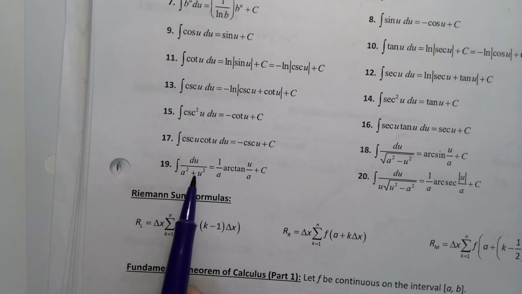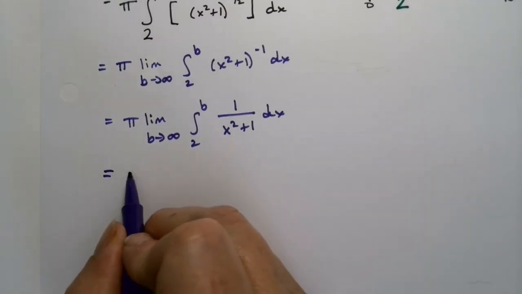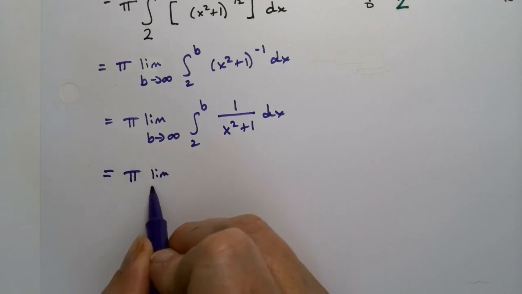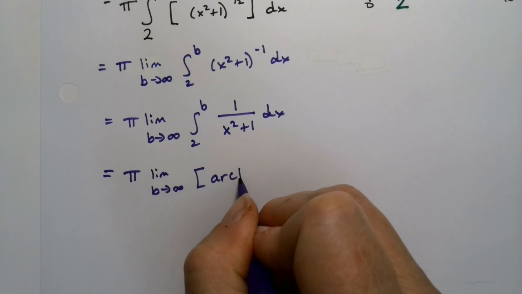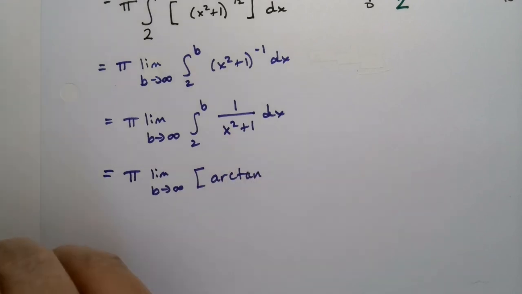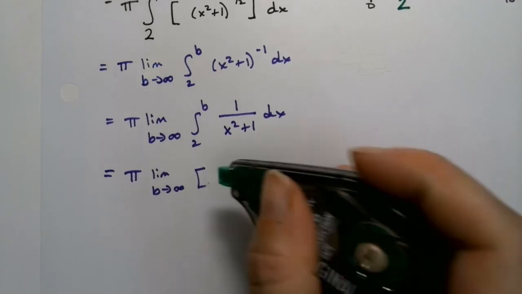All right, so this is pi, limit as b goes to infinity, of the arctangent of x. It just occurred to me, I should probably change my color here just to denote that we've taken the integral.